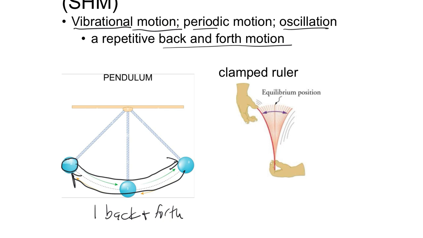One back and forth motion is equal to a cycle. One cycle. So if you put a ruler and pull it back and it goes back and forth, one back and forth motion is a cycle.